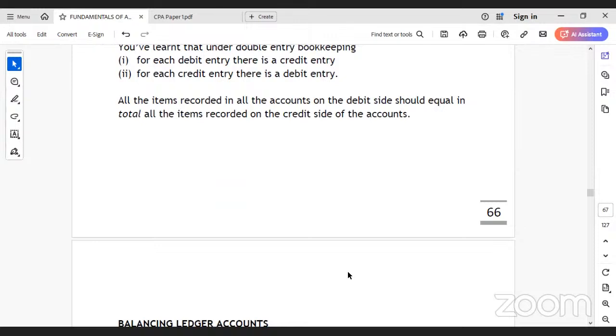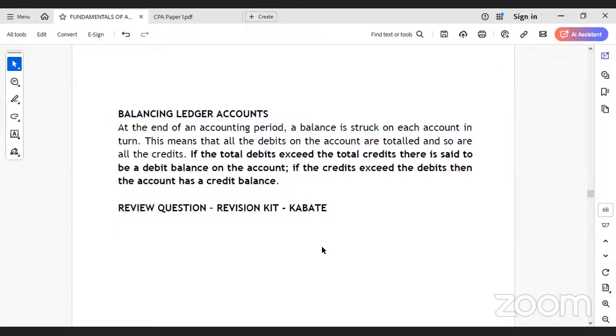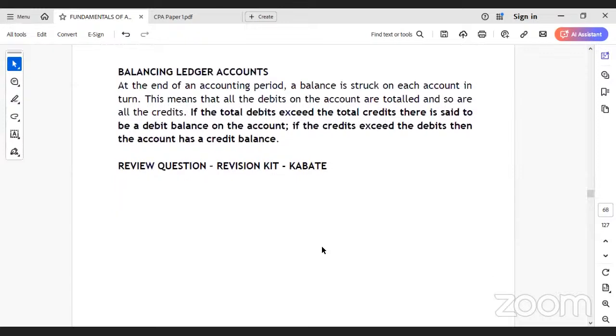So all those items that are recorded in the accounts on the debit side should equal in total to all those items that are recorded on the credit side of the accounts. Then thereafter, after posting the different transactions in the ledger accounts, those ledger accounts have to be balanced. So we shall see how to balance the ledger accounts. I'm going to show you that.